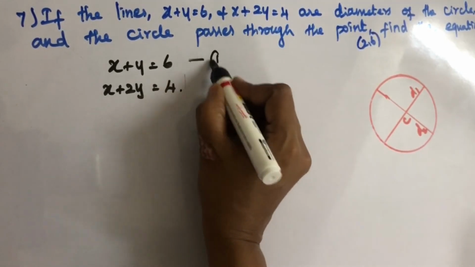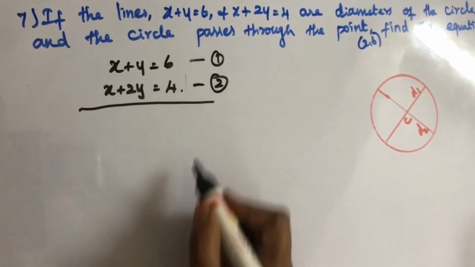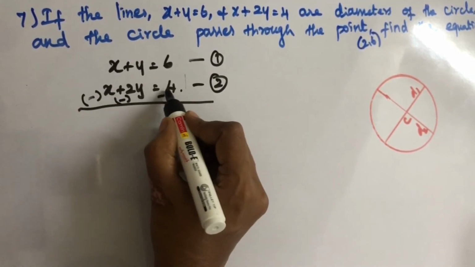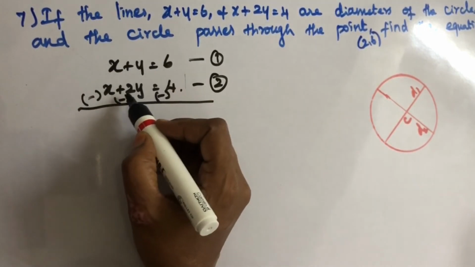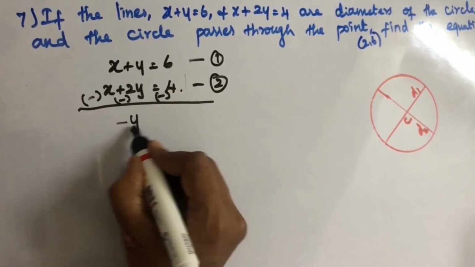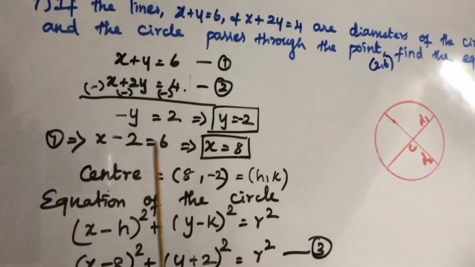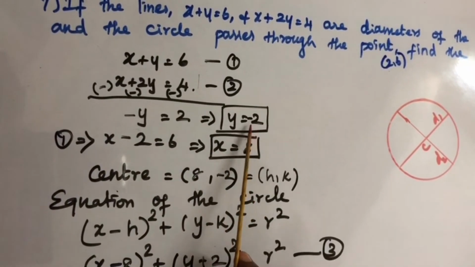So, this is our equation 1 and it's our equation 2. So, we can solve it by changing the sign. Okay, so x and minus x will get cancelled, y minus 2y. So, it is minus y is equal to 6 minus 4, 2. So, minus y is equal to 2, that implies y is equal to minus 2.